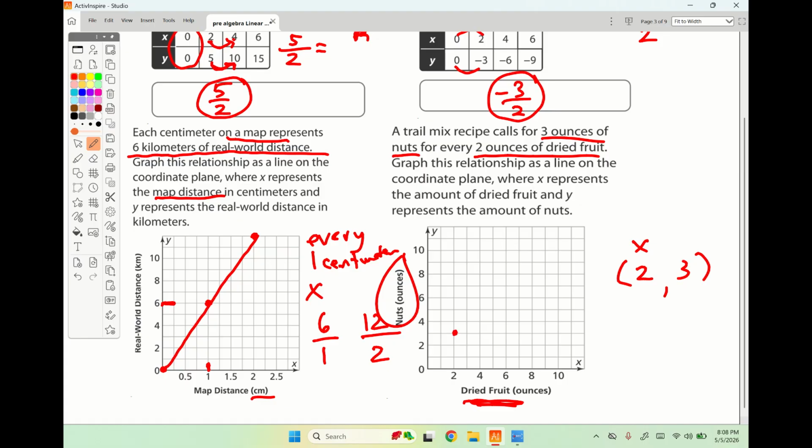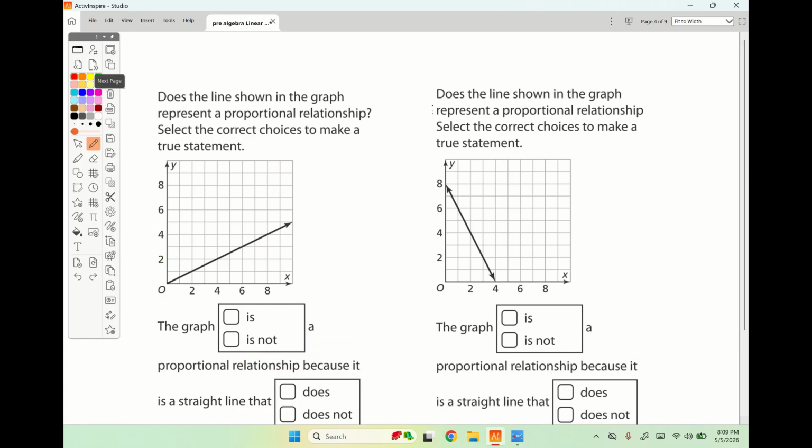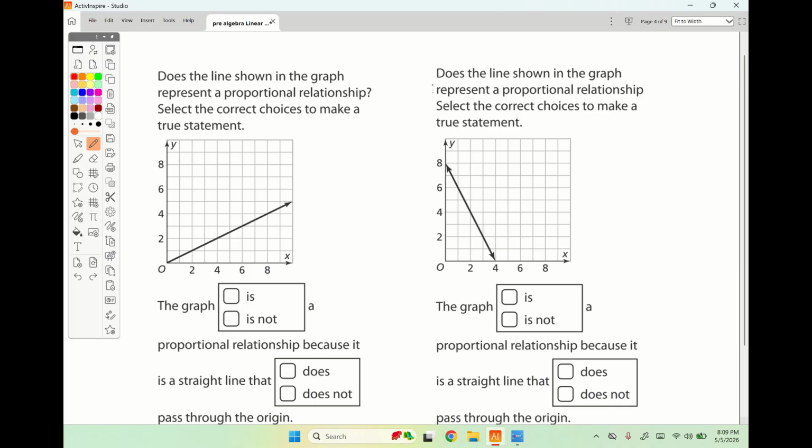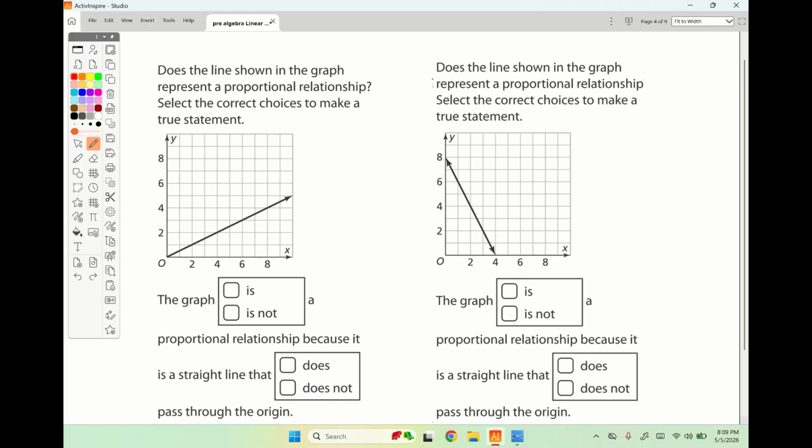Alright, so let's just look at these two and answer these questions simply. It goes through 0, 0, and it's a proportional relationship. 2, 1, 4, 2. Let's do one more. 6, 3. So it's always going up by 1 on the y's whenever it goes up 2 on the x's.